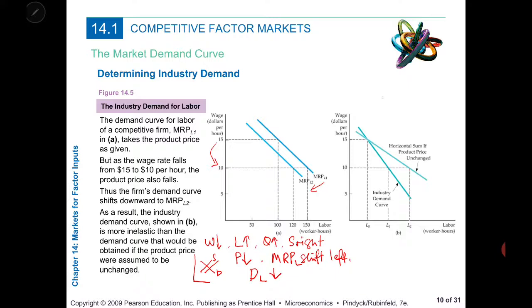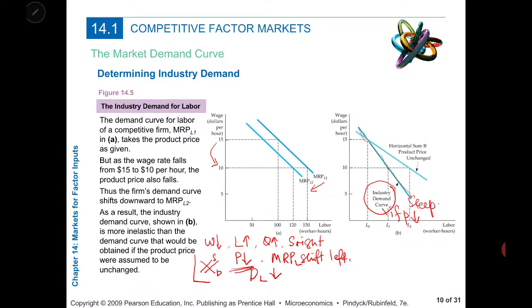So that's why you see on the right, this dark green line shows that the connected points of equilibrium will give you a very steep demand curve, because you are connecting between equilibrium that is on the lower side. Okay, that will be the industry demand curve if price falls, like this case just now.